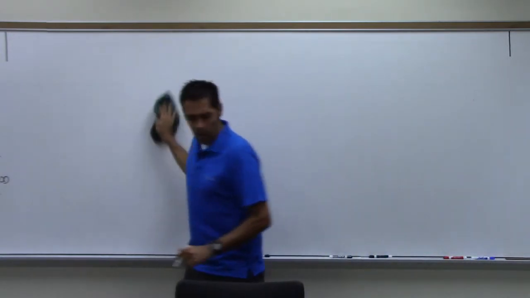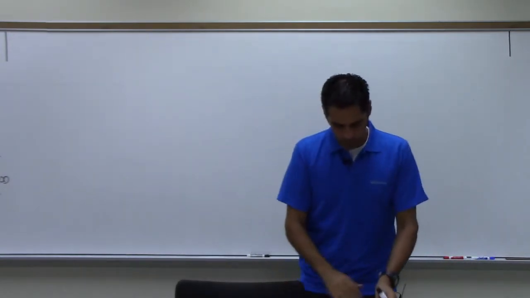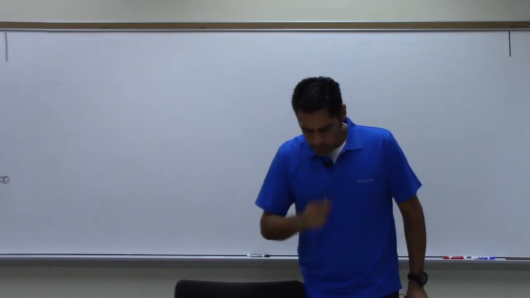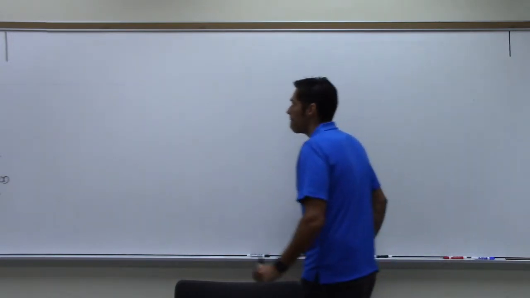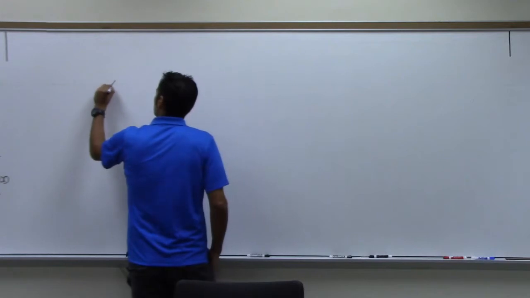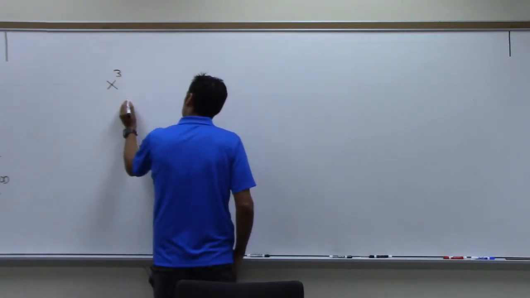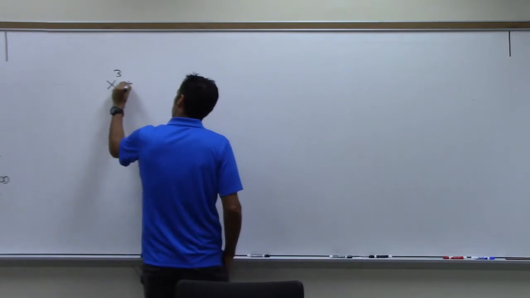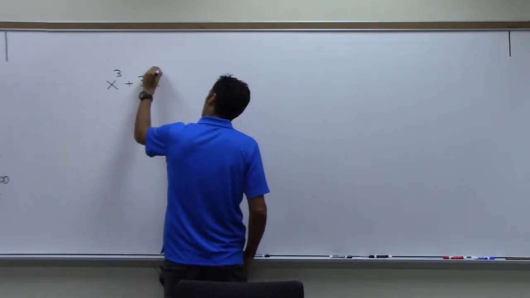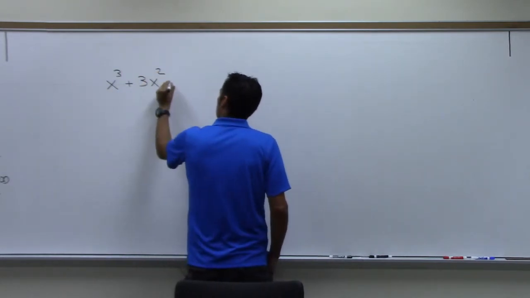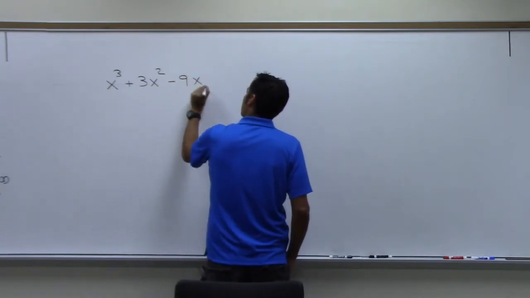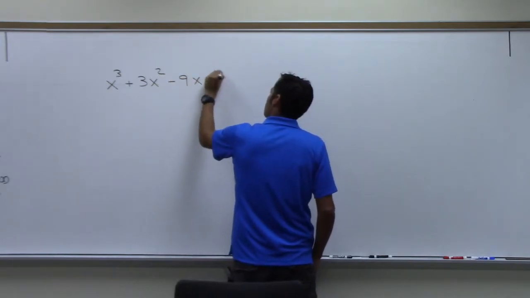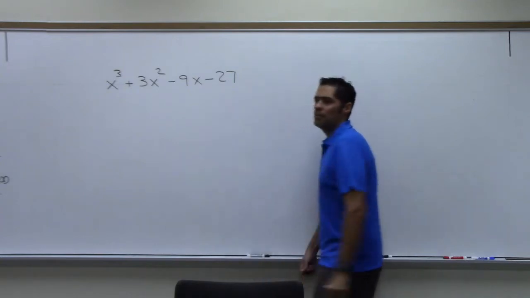All right, so let me give you a problem. X cubed plus 3x squared minus 9x minus 27. I would like for us to factor this.